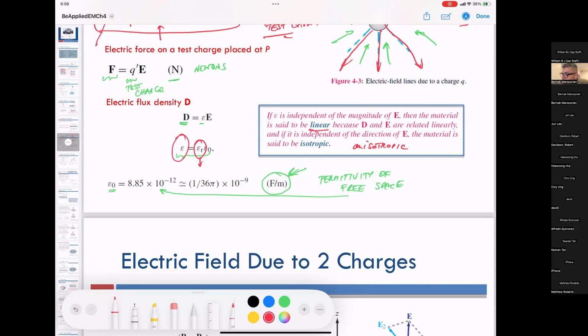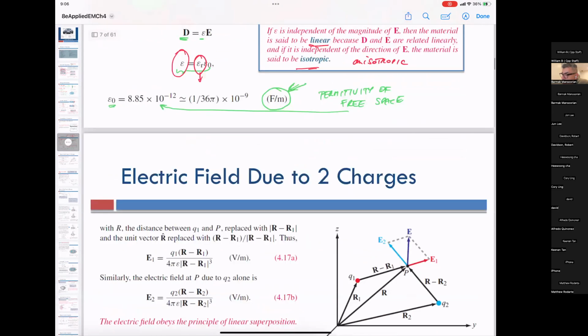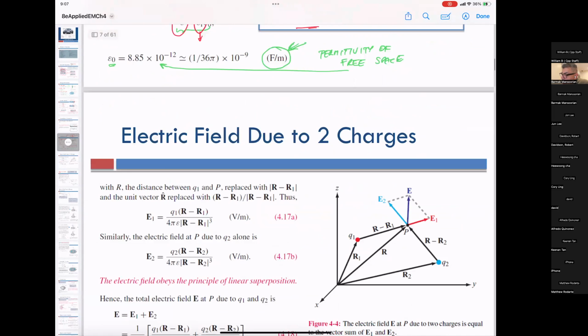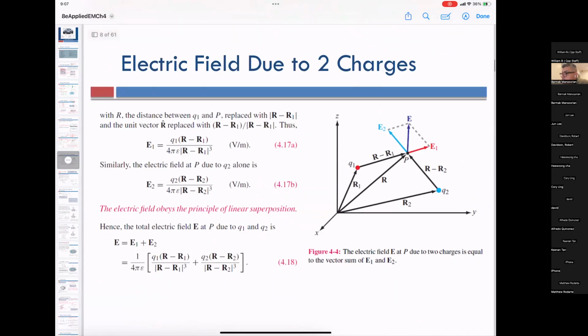But if it is dependent on the direction of the electric field, it's called anisotropic. And if it were dependent on the magnitude of the electric field or the electric flux, then it would be called nonlinear. So I guess most materials are kind of like those, but we ignore that for a lot of materials, like the cladding for your coax cable or the FR4 material.